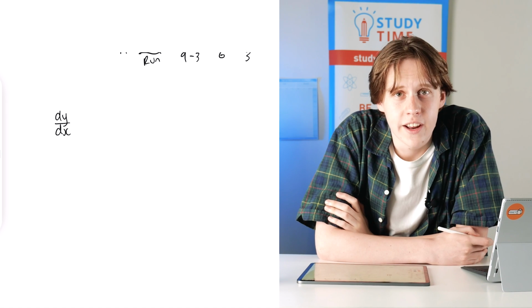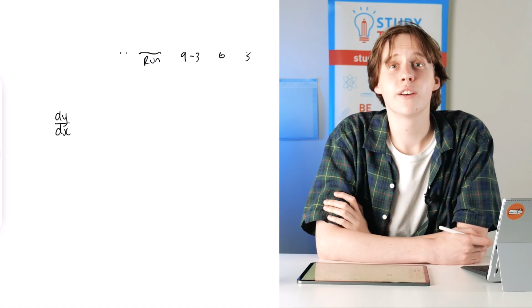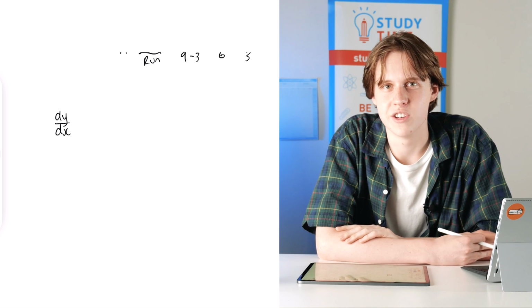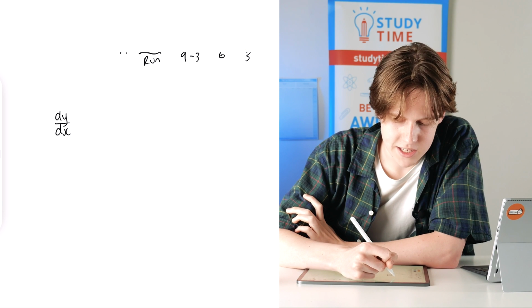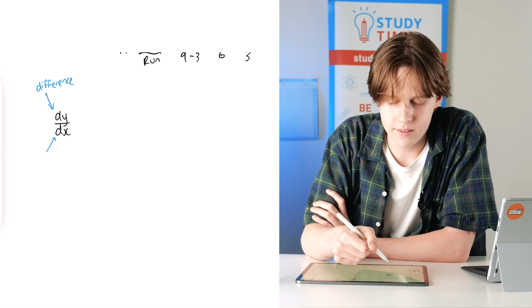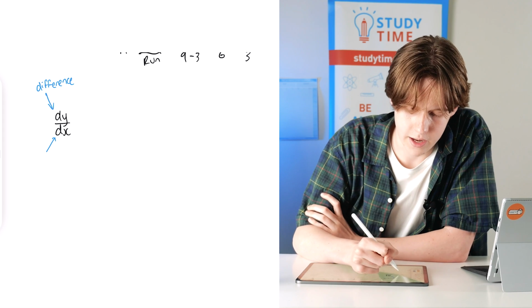So differentiating means finding the gradient. You can think of it as short for finding the difference in one variable when we change another. So dy by dx basically means, well, the difference in y divided by the difference in x.